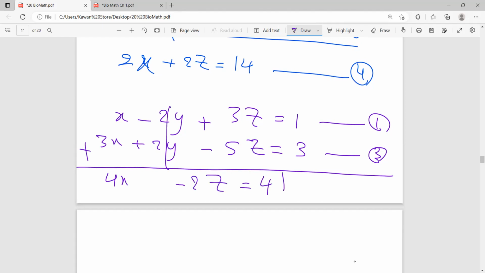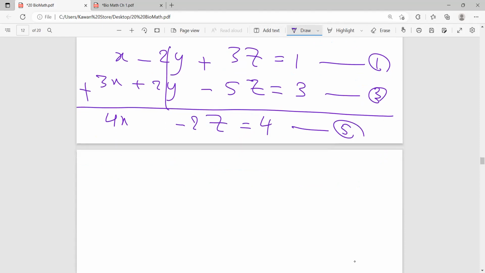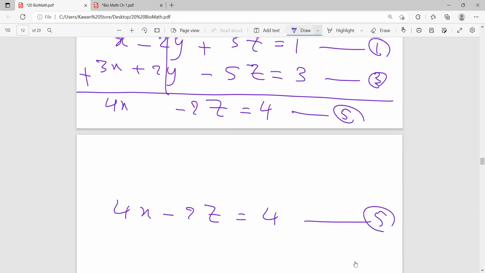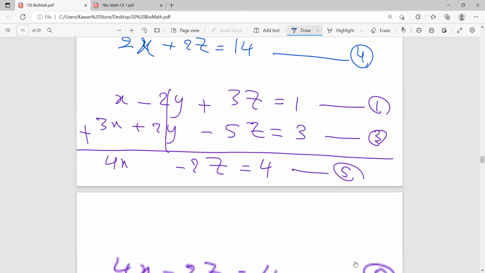Am I right? So what's the name of that one? Equation number 5. Thank you. So now I have equation number 5. And I'm going to bring equation number 4: 2x plus 2z equal to 14.